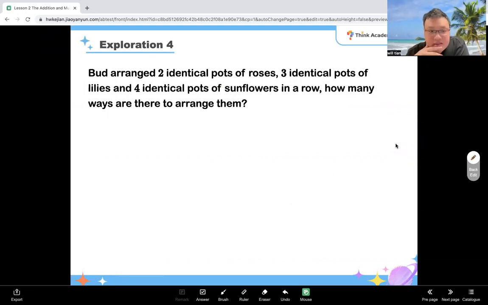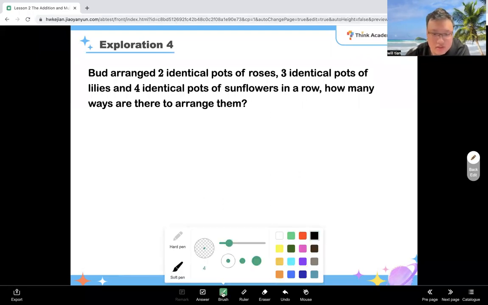Okay. So it says, arrange 2 identical pots of roses, 3 identical pots of lilies, and 4 identical pots of sunflowers in a row. How many ways are there to arrange them? So guys, to solve this question, can you tell me how many flowers do we have here in total? You have 9 flowers in total, right?